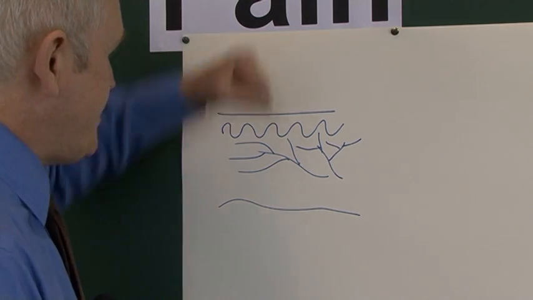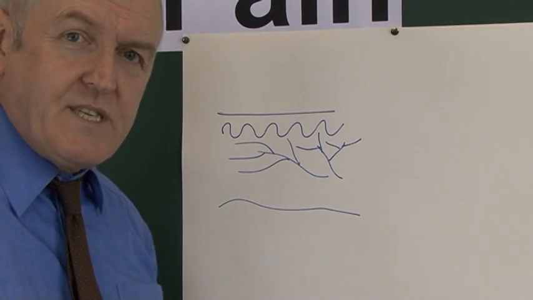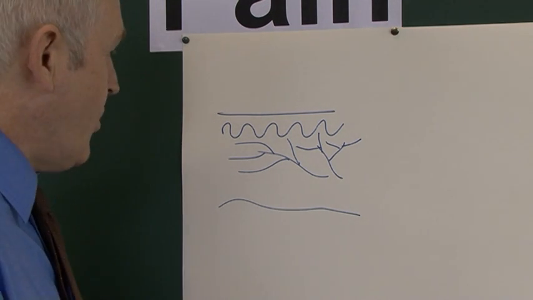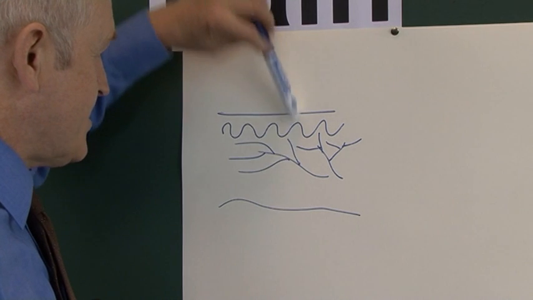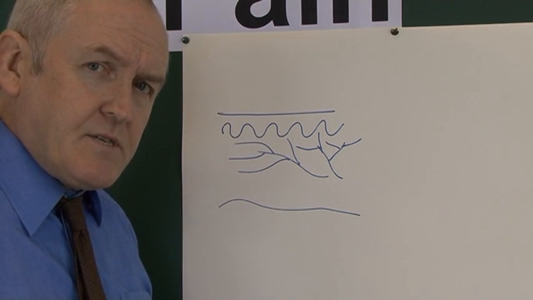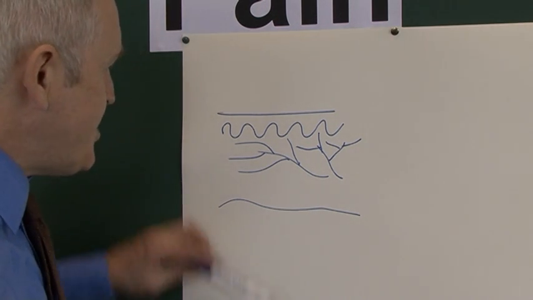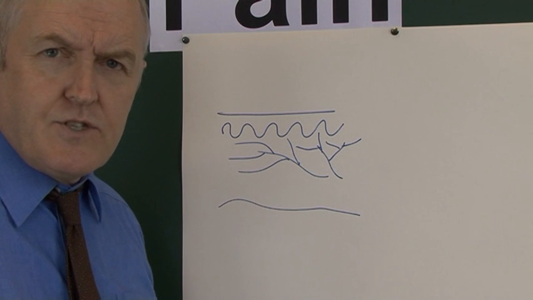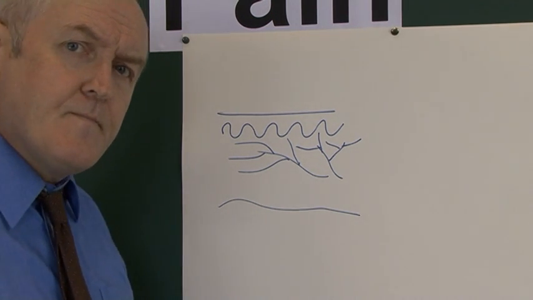So obviously if the tissue is bashed or traumatized, that can cause pain. Cutting or tearing is very painful because it's going to cut or tear through the nociceptors. If the tissue becomes too hot or indeed too cold, that's going to cause pain as well.